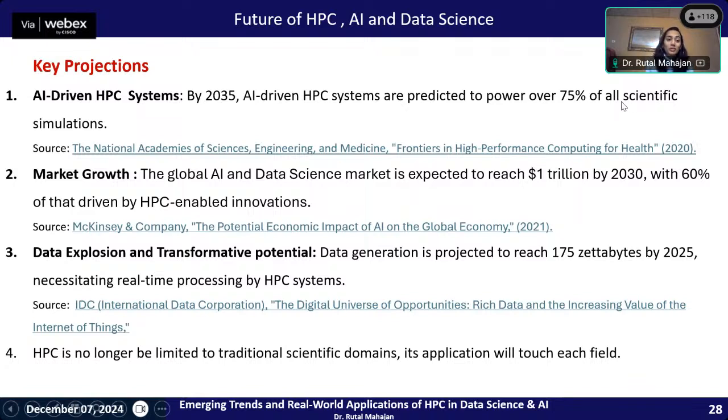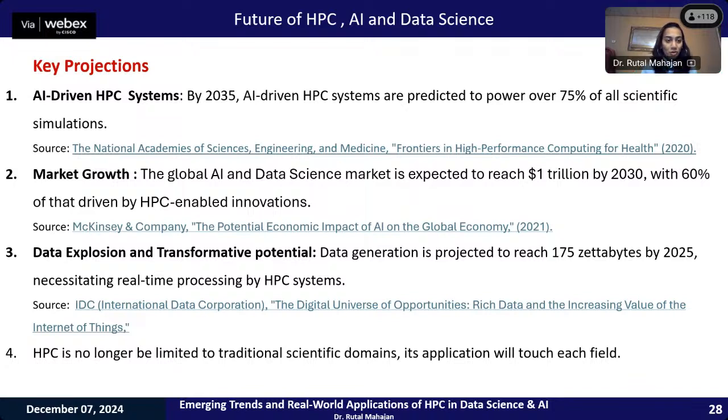So we can see that by 2035, we cannot think of any AI system or any intelligence system to work well without HPC. So we can see how important it is.